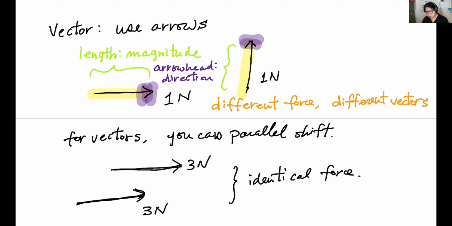Identical force. So you can move the vector wherever, as long as you maintain the same direction and magnitude, you can parallel shift this arrow anywhere you like to represent that force.